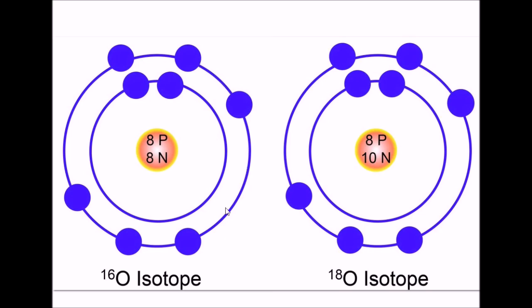Then we have electrons that orbit the atoms like planets around the sun. This drawing here really inflates the size of the electron. By weight, a proton weighs 1,800 times as much as an electron.